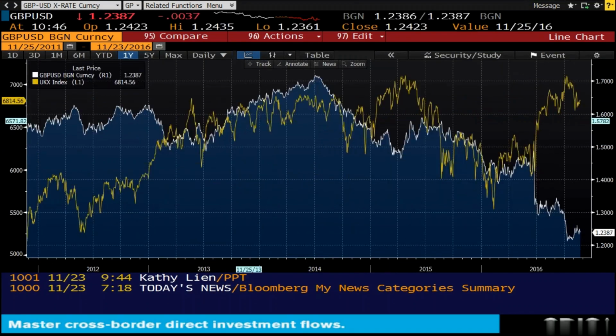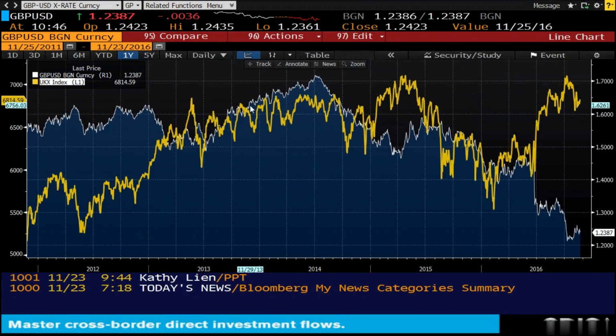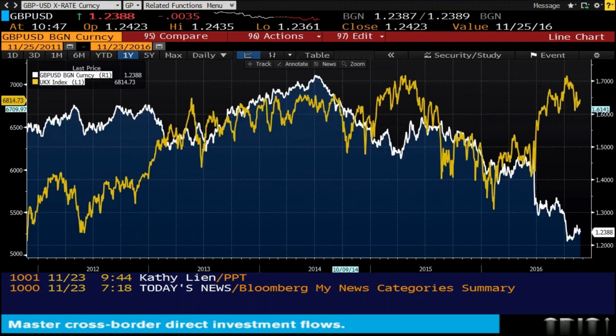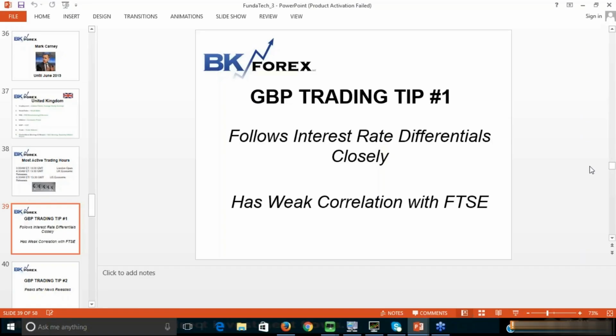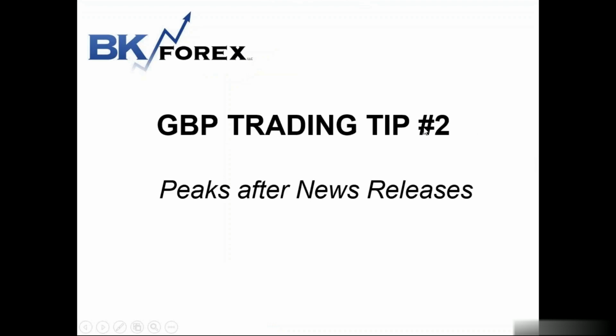I mean, you can see that the FTSE, which is the yellow line, is a lot more volatile than pounds. A lot of erratic up and down movements, like right around here and then right around here. So it doesn't have very good correlation with UK stocks. So don't worry about where UK stocks are going, but do pay very close attention to what the interest rate differentials are.